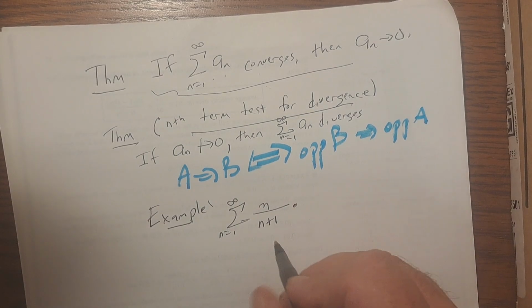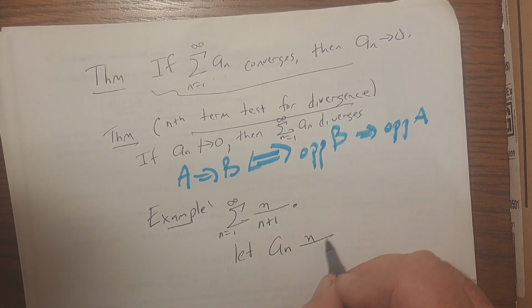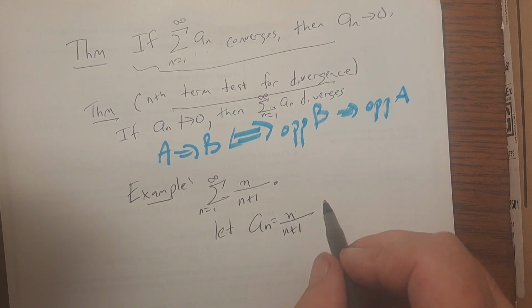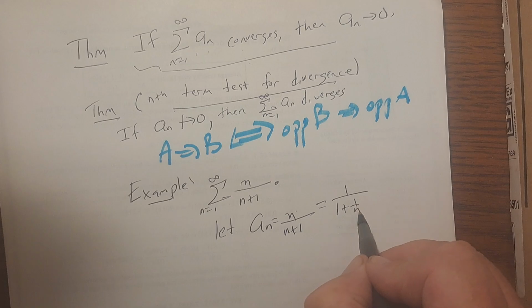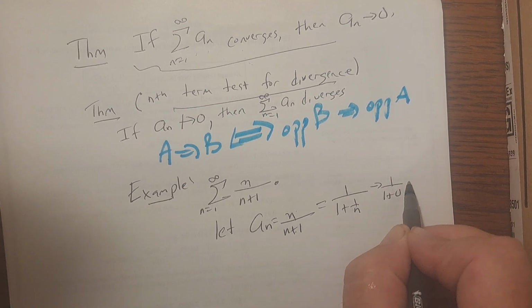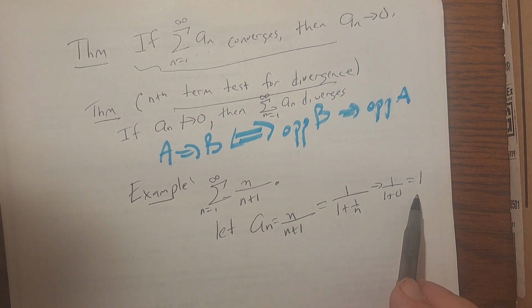But I could name the terms a sub n. This is infinity over infinity form if you let n go to infinity, but you could divide top and bottom by n. And then if you let n go to infinity, you get 1 over 1 plus 0, which is 1. So the sequence goes to 1.